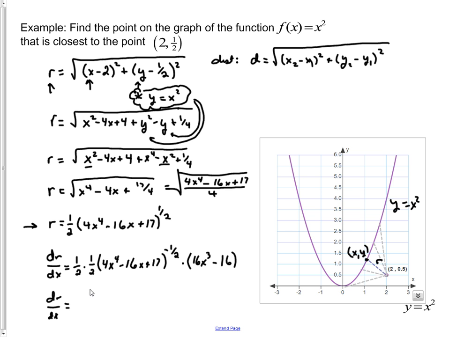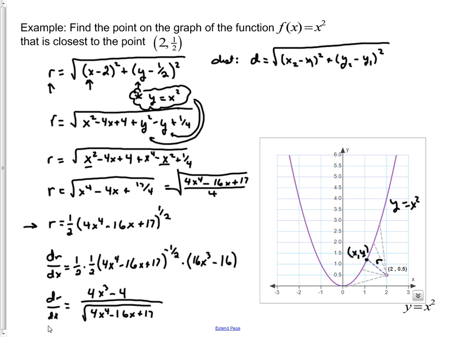Dr/dx simplifies as 4 times x cubed minus 4, divided by the square root of 4x to the fourth minus 16x plus 17, when we divide out 1/2 times 1/2 into 16. That's 1/4 of something times 16, that's 4.